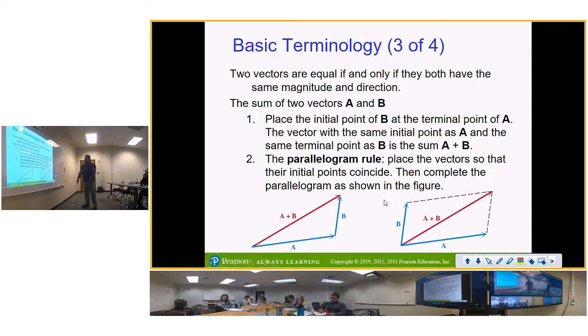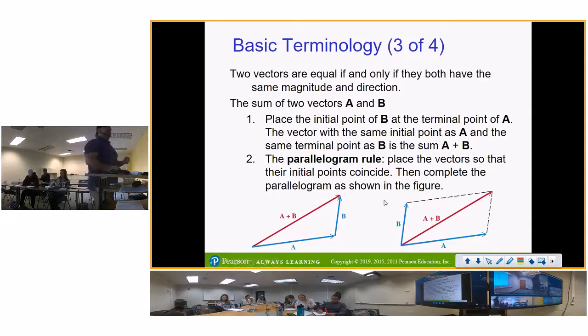What is the resultant vector? The resultant vector, I don't even know if they got it here, but the red arrow is called the resultant vector. It's going to be called R with a line over it in the future. The resultant vector is what you are finding in a free body diagram.